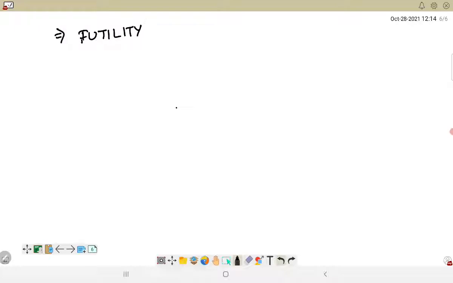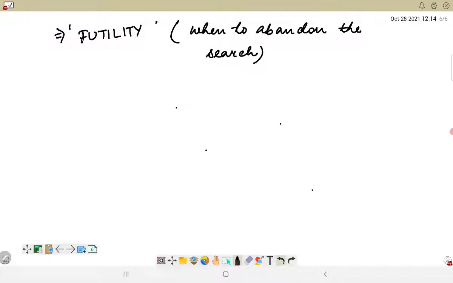Now this futility factor is a value which we use in order to identify when to abandon the search, or when to terminate the search, because we simply cannot go on searching, right? And we cannot simply accept any value that comes to us.